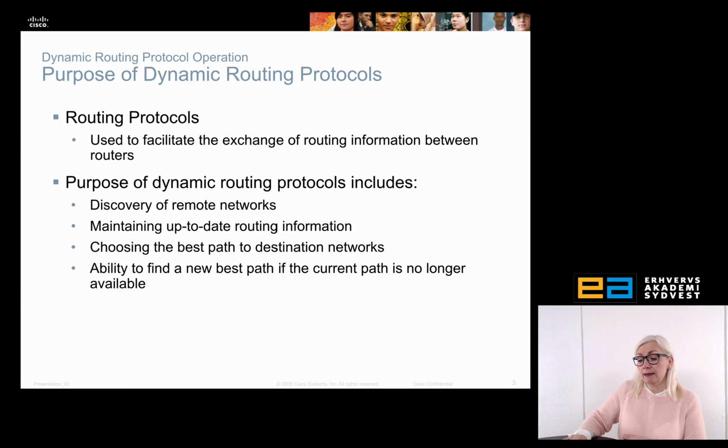The whole idea with using a routing protocol is to get the routers to update automatically with their neighbors about the different networks that they are directly connected to. So instead of using static routing, we will use dynamic routing, so that they will discover remote networks, maintain up-to-date information about the different networks, and choose the best path to the destination network.